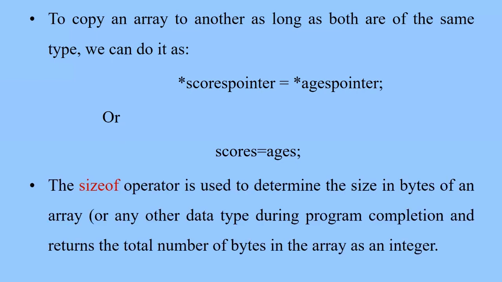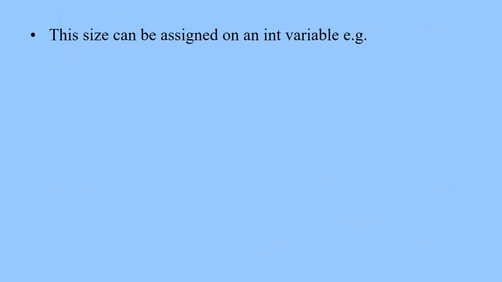Or we can simply say pick the content of the memory location called ages, assign it to the memory location called scores. The sizeof operator is used to determine the size in bytes of an array or any other data type during program compilation and returns the total number of bytes in the array as an integer. This size can be assigned to an int variable. For example, size = sizeof(scores).